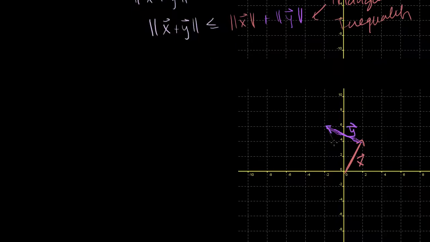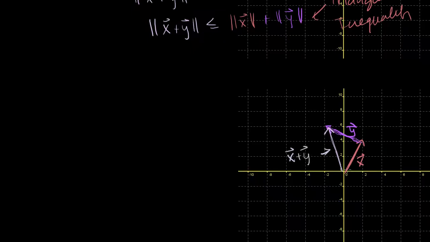And remember, I can't necessarily draw any two vectors like this in two-dimensional space. I'm just assuming that these are in R2, but this is just to give you the idea. So then this is their sum, right? You took from the tail of x to the head of y. So this vector right here is the vector x plus y.